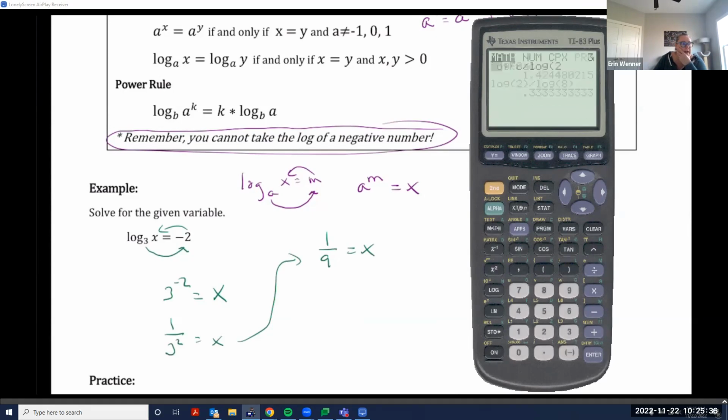If you press math, you can see it says frac here. If you press enter and you press enter again, it's taking our answer and converting it to a fraction. You'll see that it gives you 1/9. And so if you're doing this and you're like, wait a minute, I have to have my answer as a fraction and not as a decimal, that's how you can get the calculator to convert it for you if you're not doing your steps yourself.